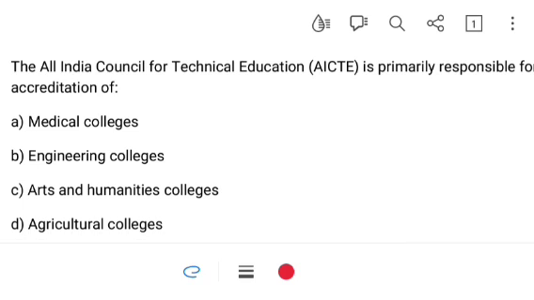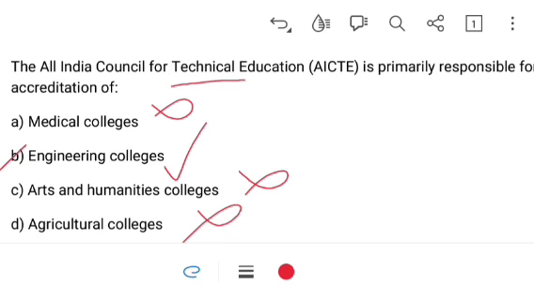AICTE is related to technical education, so from the question itself, you may make out. If there is technical, then medical college will not be related to technical, neither arts and humanities nor agricultural colleges. So engineering college will be correct.